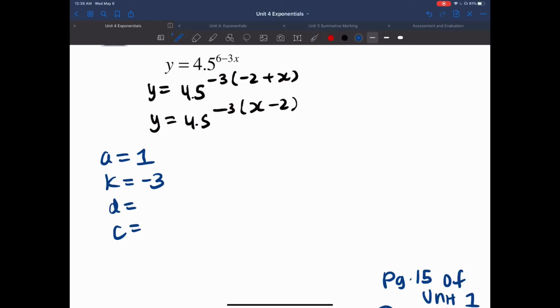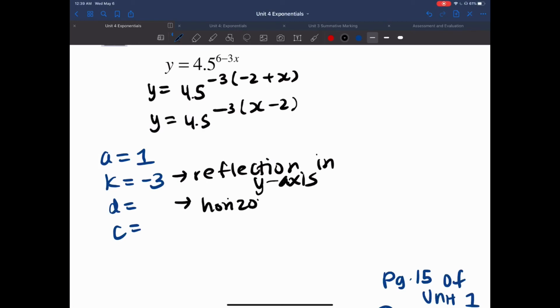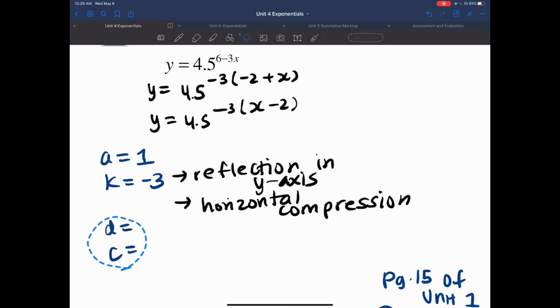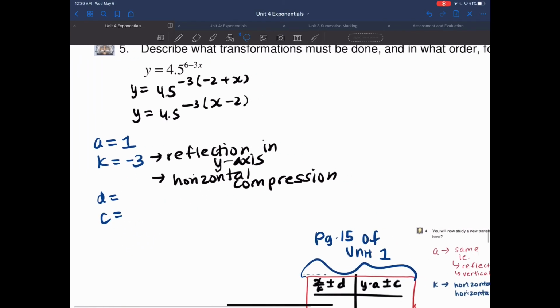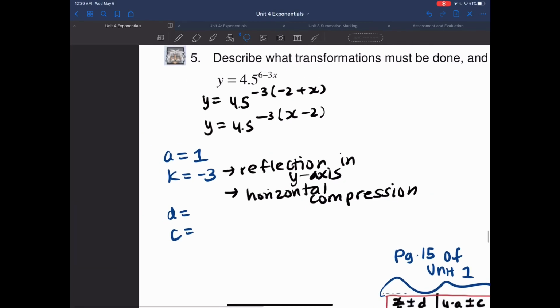And so this means that there is a reflection along the y-axis, and meanwhile, it also means that there is a horizontal compression. And I know that because that's just the rule of thumb. I have my k value, and as long as that value is larger than 1, we said that there's a horizontal compression.